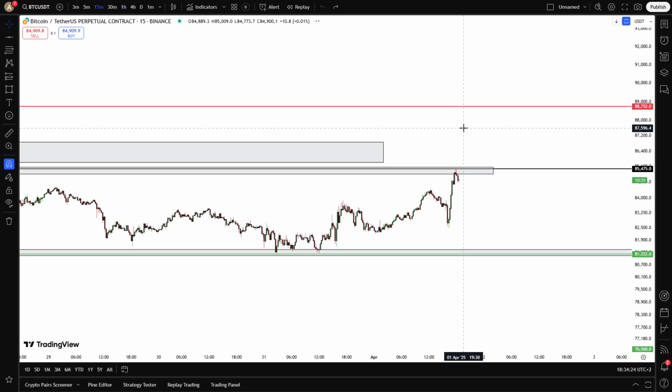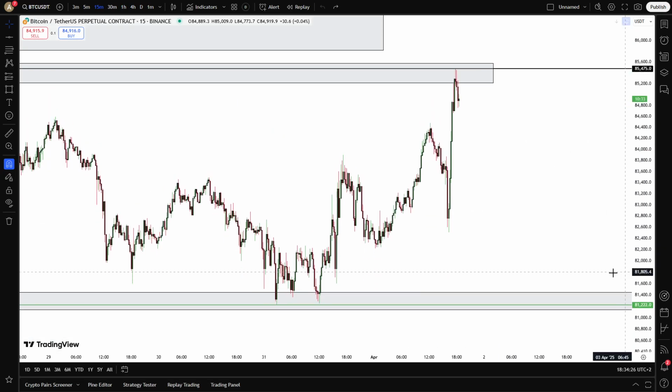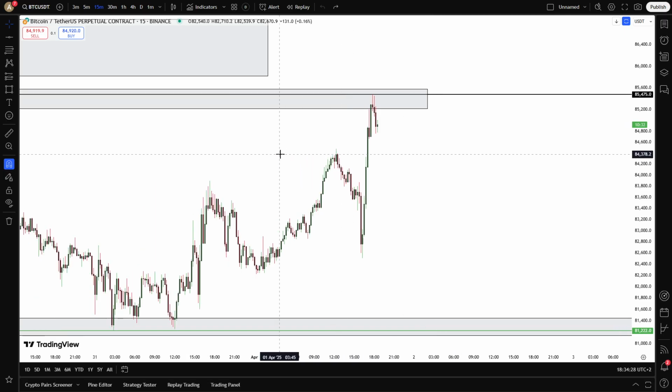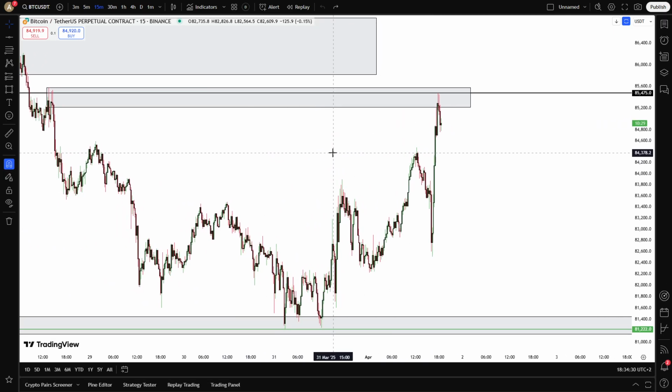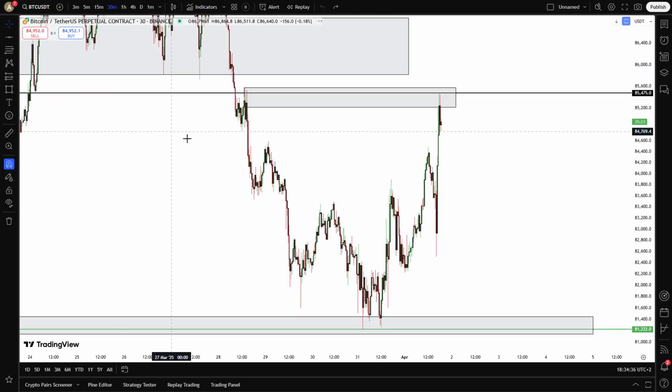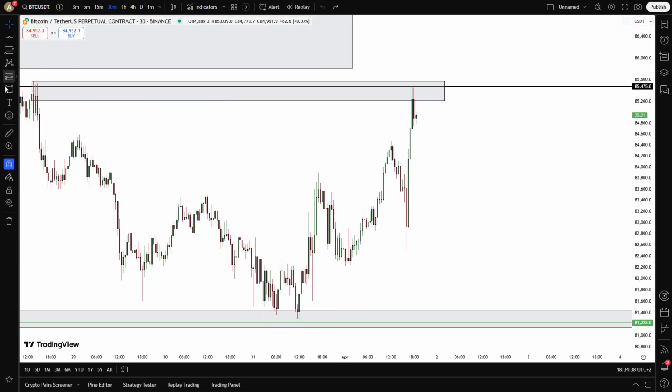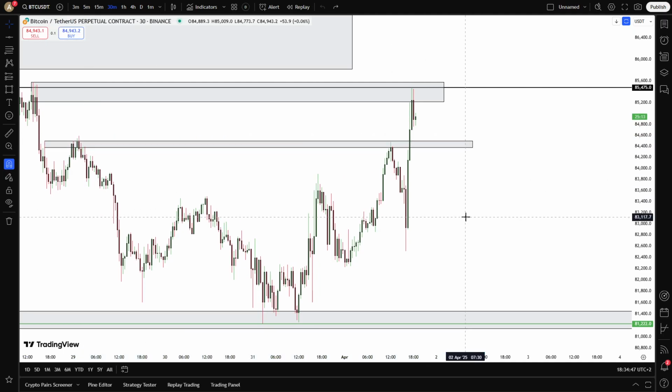And then, of course, you can go level by level. So you look at your previous resistance. I knew it was around here. I prefer the 30-minute, to be honest. And here again we see the beautiful game of levels. 1, 2, 3, and then we broke it.